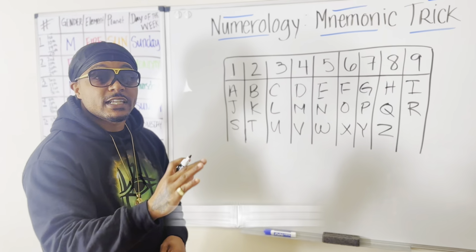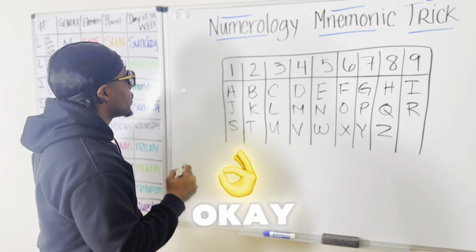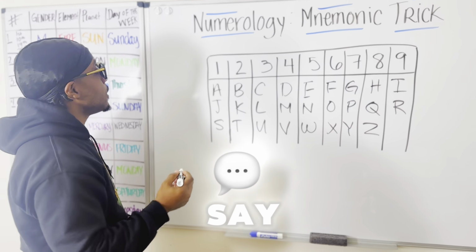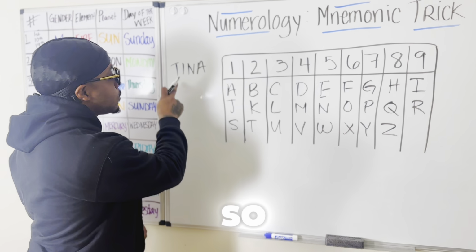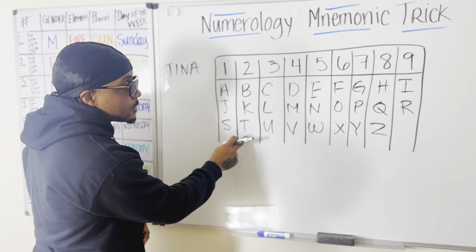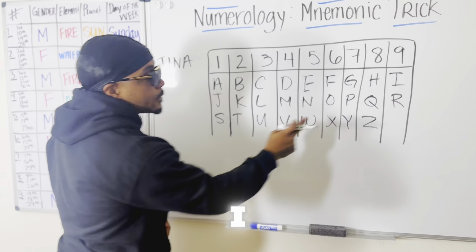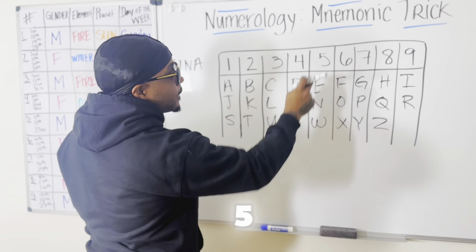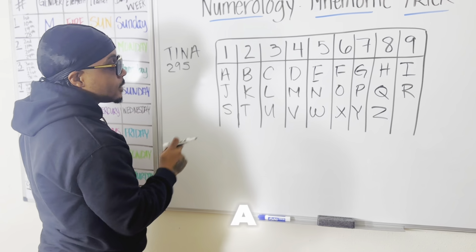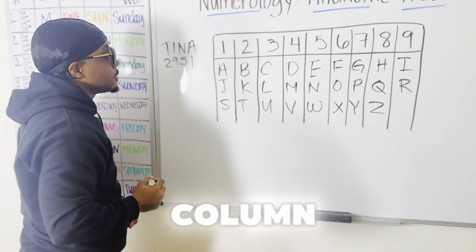And let's just do an example real fast. Say a person's name is Tina. The T is in the 2 column. The I is in the 9 column. The N is in the 5 column. And the A is in the 1 column.